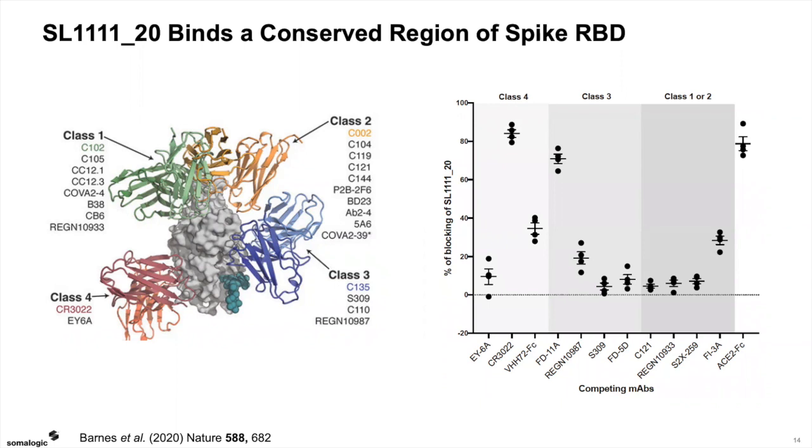And so we found that there are specific class 4 and class 3 antibodies that our reagent blocks from binding, as well as, to a much lesser extent, this class 2 antibody. This means when our reagent is bound to spike, these antibodies cannot bind. Therefore, they have a similar or overlapping binding epitope on spike.